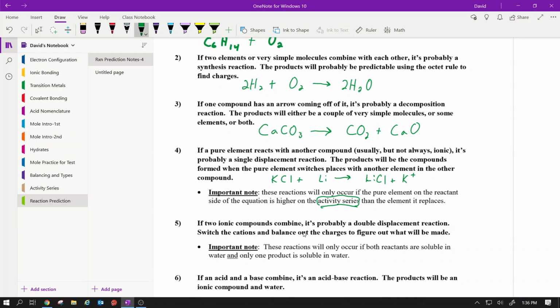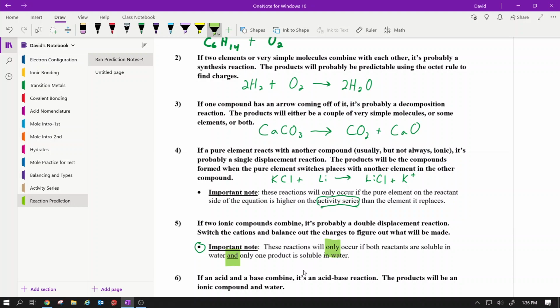Two ionic compounds combined, it's probably double displacement. Today I'm going to say, hey, it will be, although in the future I'm going to reference this note. This will only occur if both reactants are soluble in water and only one product is soluble in water.